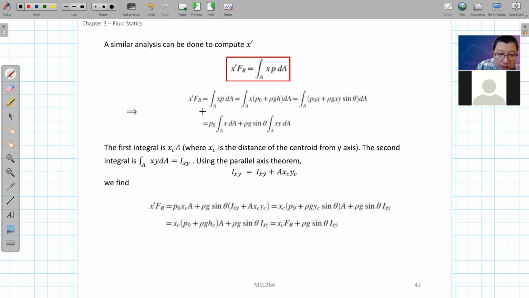Okay, and we substitute this P with the pressure depth relationship, where h will be y sin theta, and the result is two integral terms here.